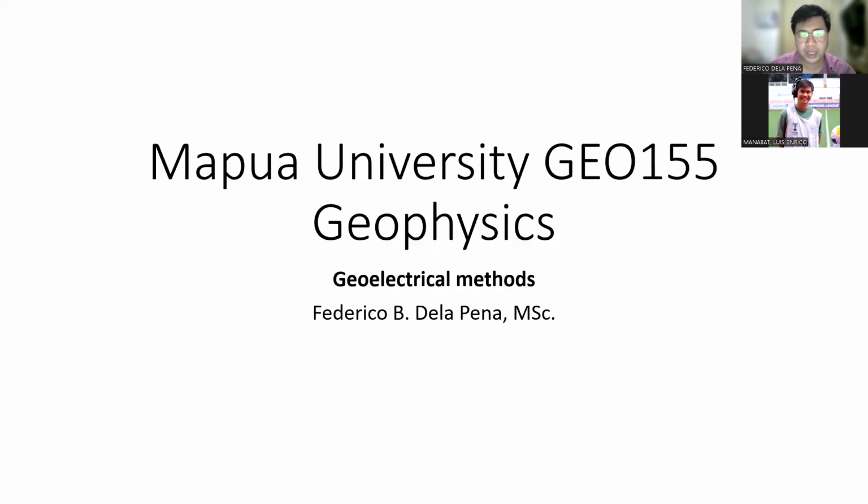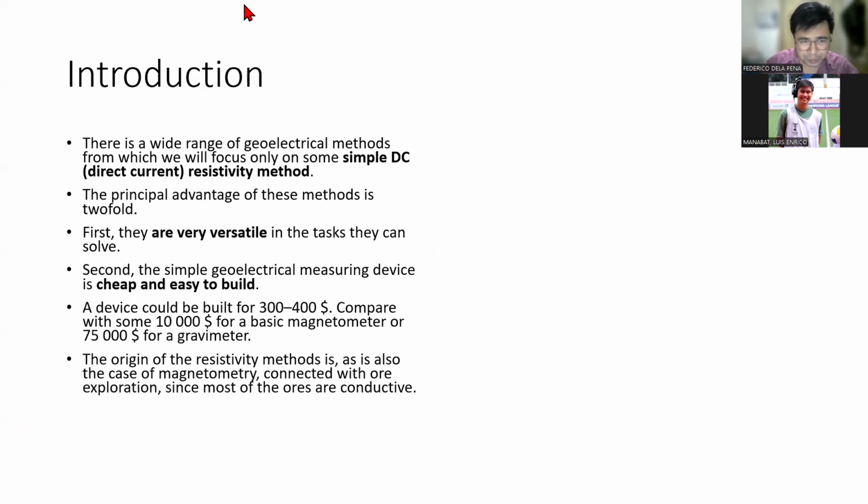Our agenda for today, or this evening, is the geoelectrical methods. The scope of this lecture is just the simple direct current resistivity method, right? I understand there are other electrical methods like induced polarization.